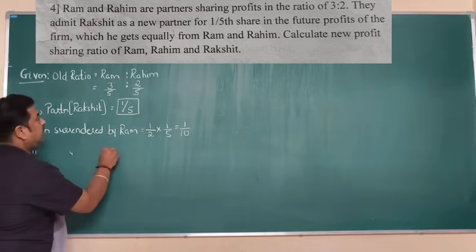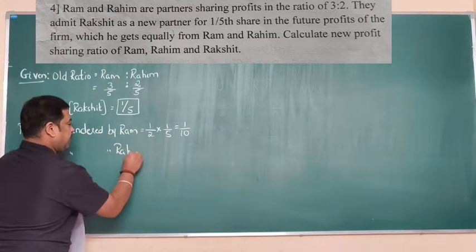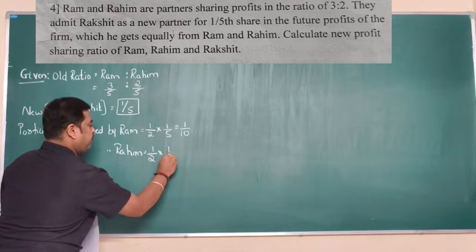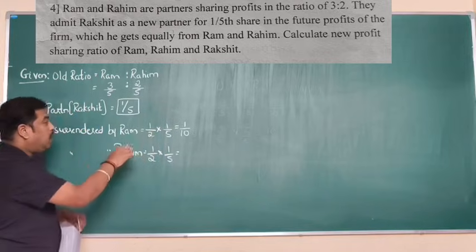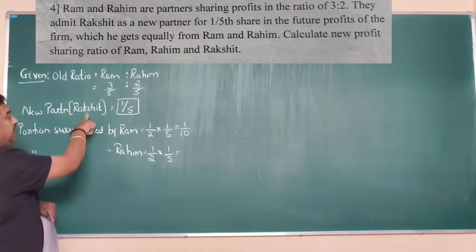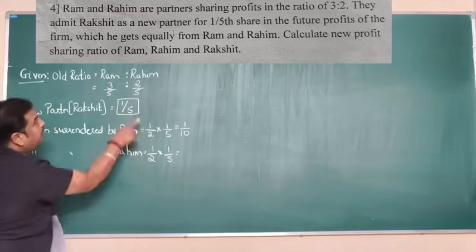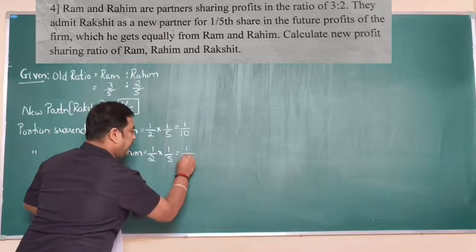Similarly, portion surrendered by Rahim, half of 1/5. Now why am I taking this half? Because it is given in the sentence that Rakshit has obtained this 1/5 equally from Ram and Rahim. So 1/10.